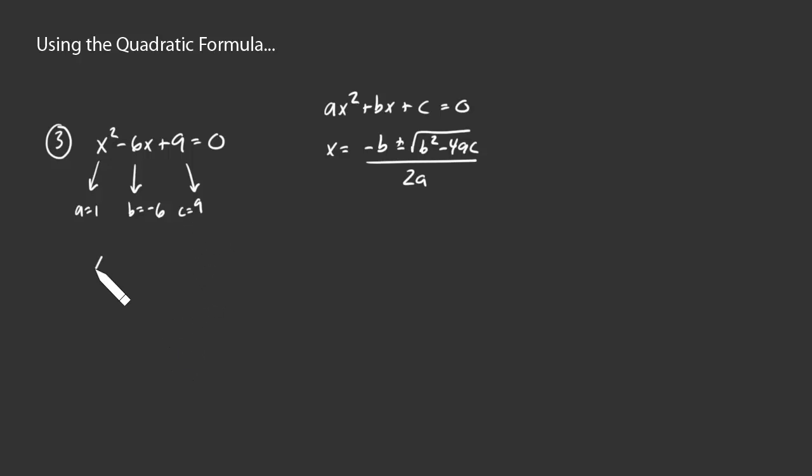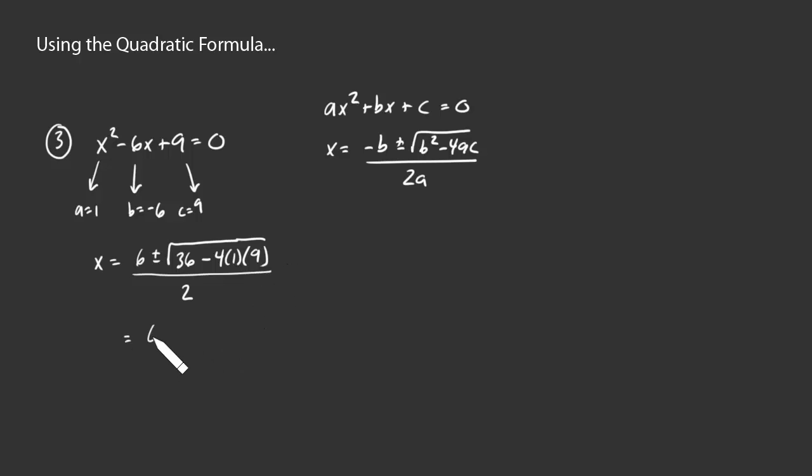And so we can go immediately to x equals negative b, which is going to be positive 6, plus or minus the square root of b squared. That's going to be 36, minus 4 times a times c, all of that over twice the value of a, which is just 2.